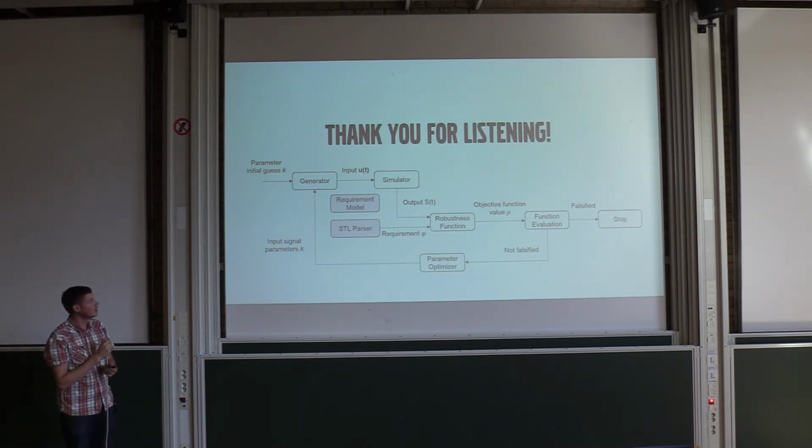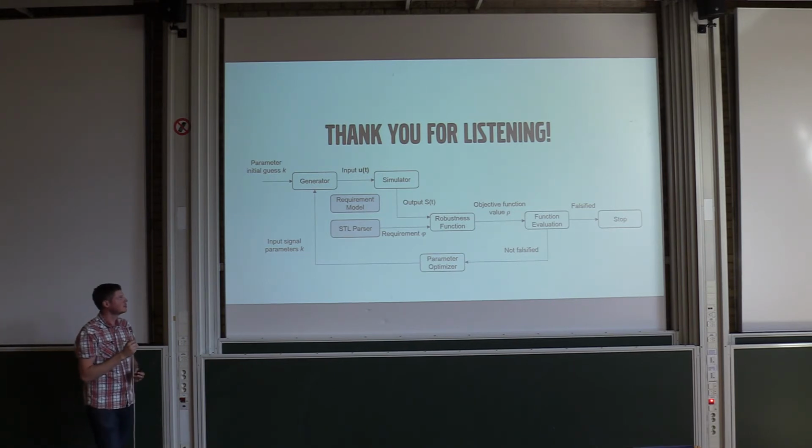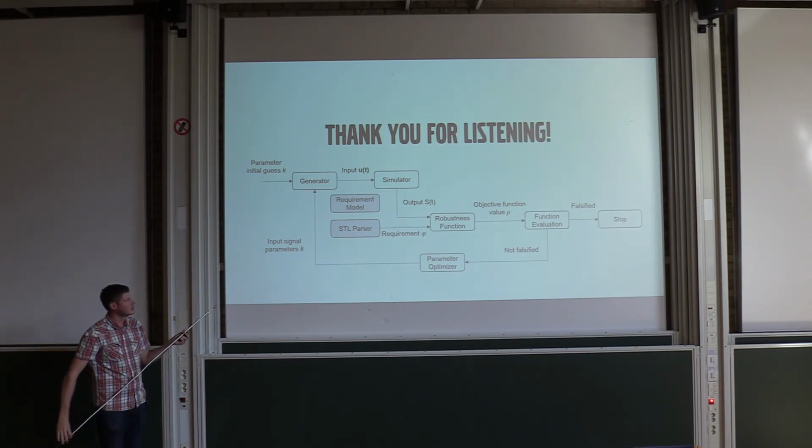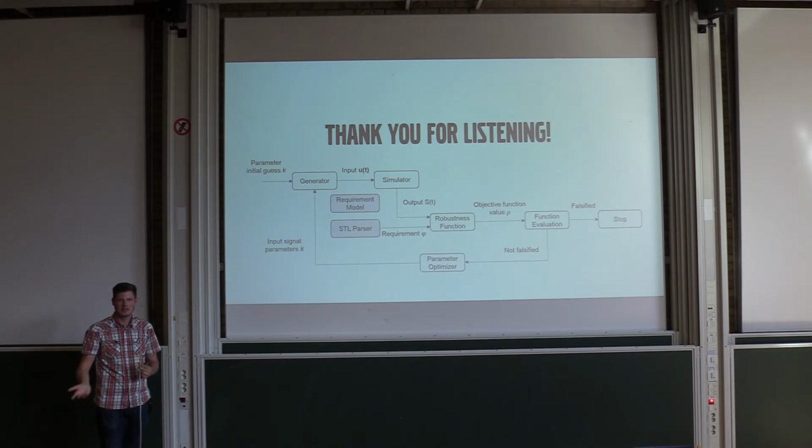How we're using it? So we have these models that I mentioned, the electric drive, the battery, and the charger models. And then we take them and all the requirement models I have, and I have an automatic script that generates STL formulas for them.